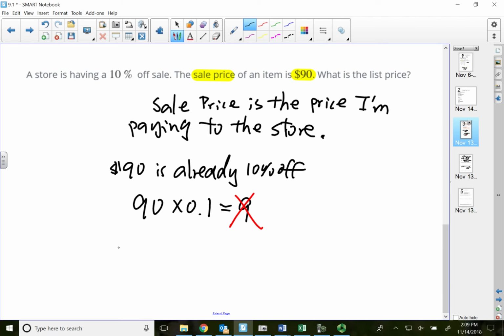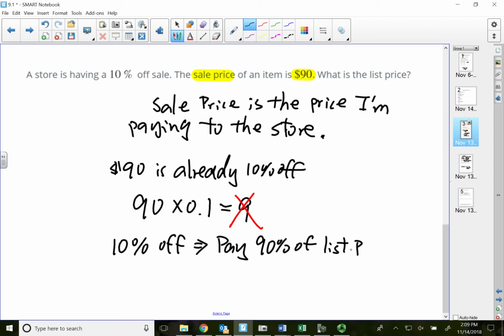So think about this. When the problem says 10% off, 10% off means I still have to pay 90% of the list price. So when I'm paying the 90% of the list price, that is the price I'm going to pay.